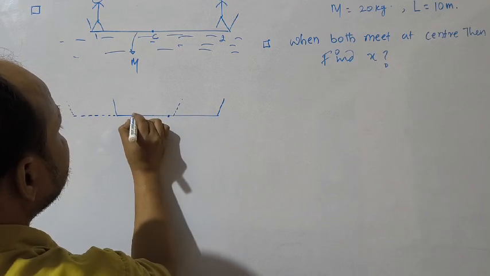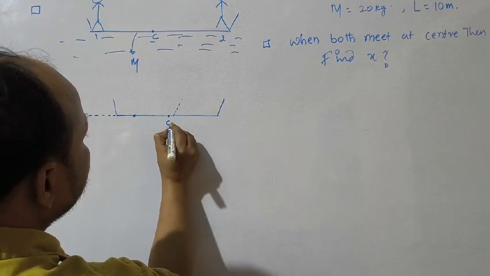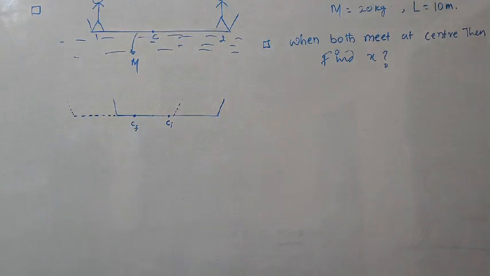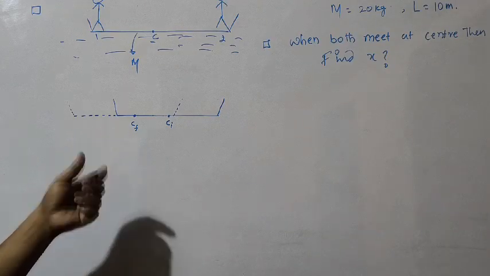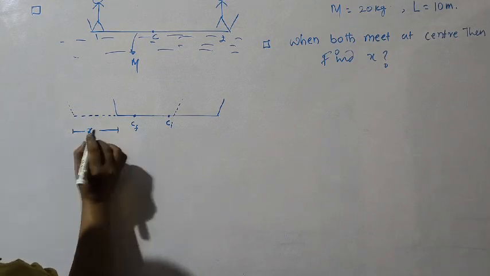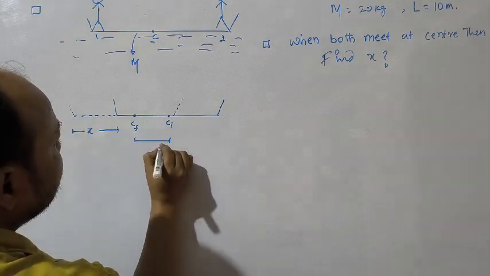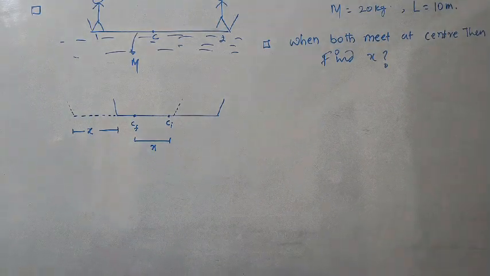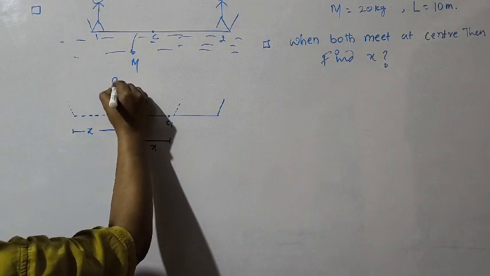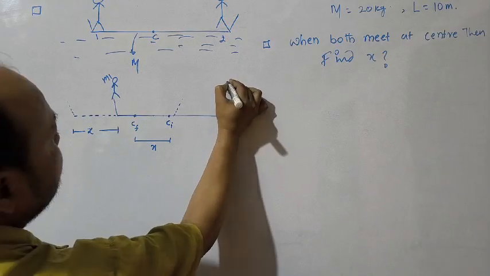This was the initial center and this is the final center of the boat. Now if the boat has shifted by x, the center has also shifted by x, so this will also be written as x. Now here is the person M1 and here is M2.